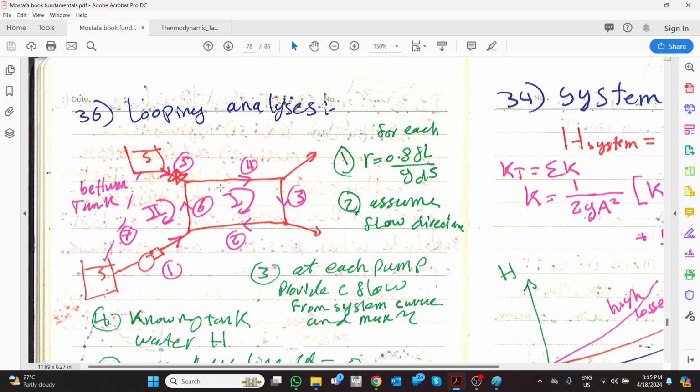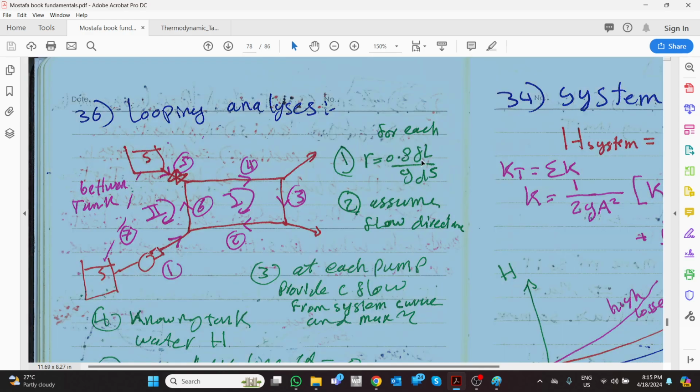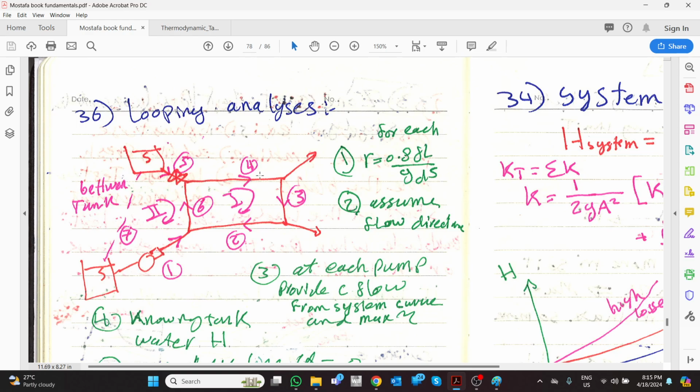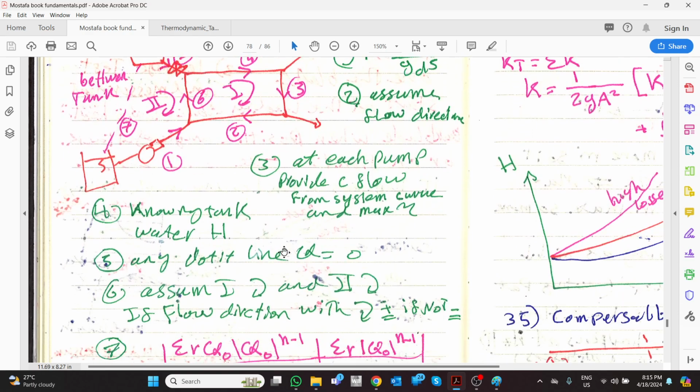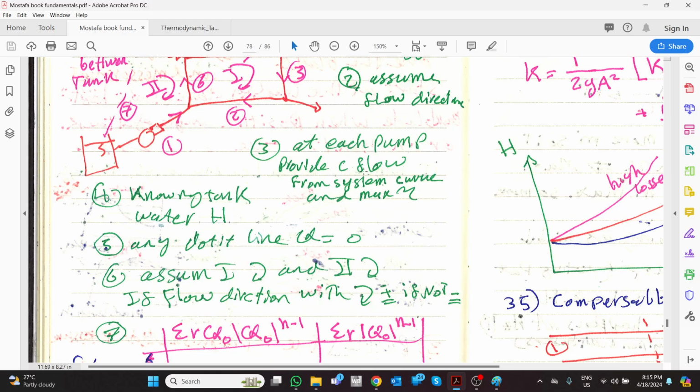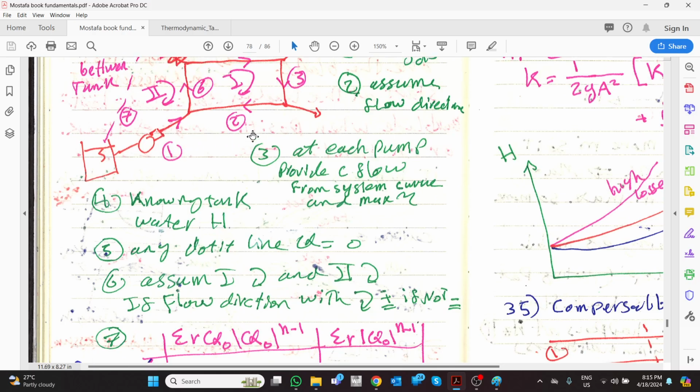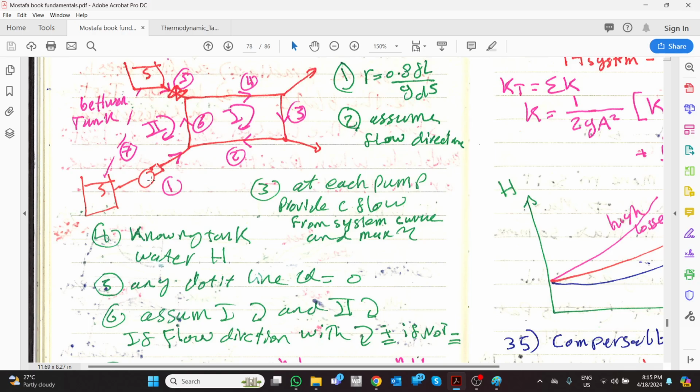For each pipe, we can define the resistance of the pipe, which is 0.8 times the friction coefficient multiplied by L over g D to the power 5. We assume the flow rate direction. At each pump, we need to provide a flow; we need to say, okay, the flow here is 100.